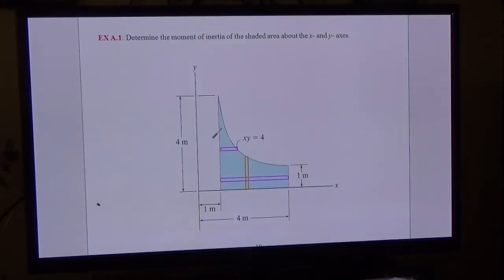My top point here for the orange element, my x value gives me a y value based on the curve. At the bottom here, whatever x value I have, I'm always at a y value of 0.